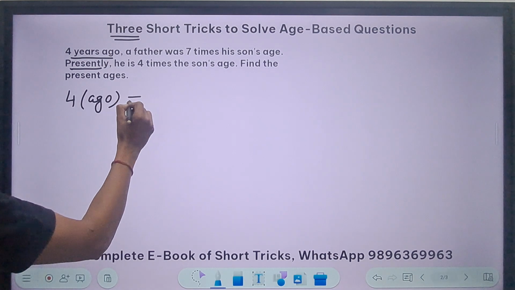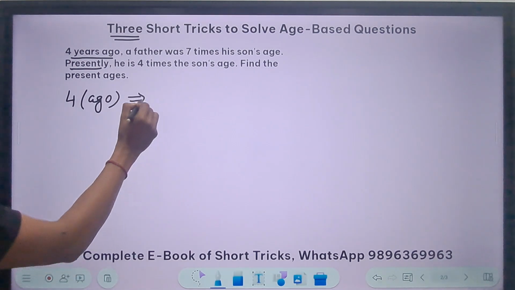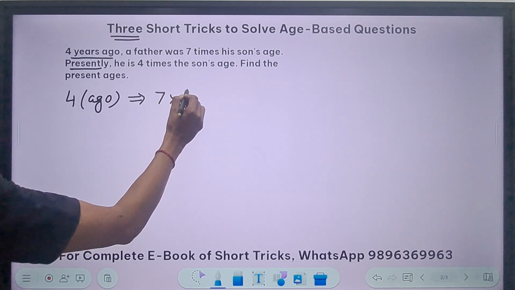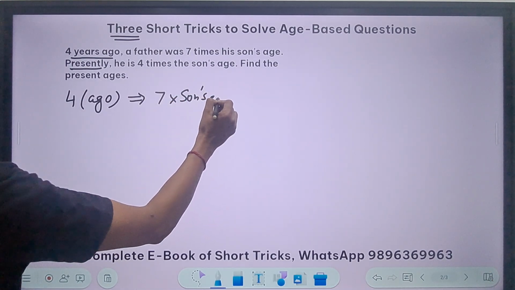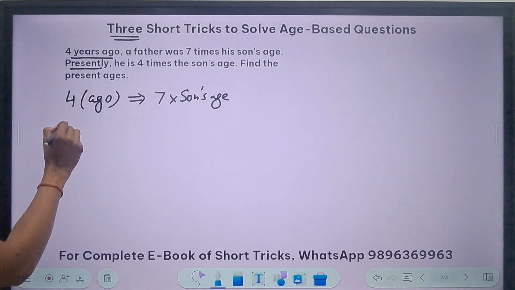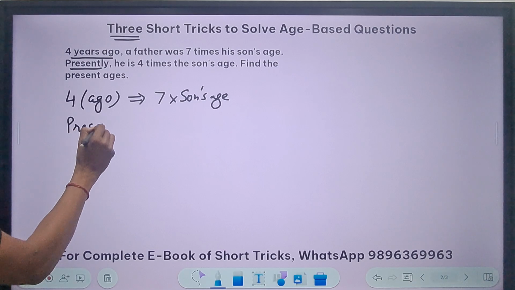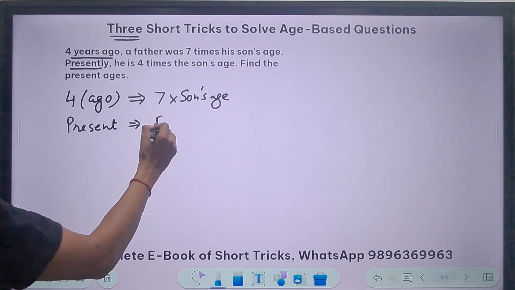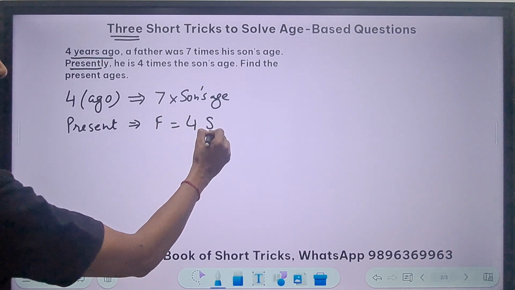So what happens 4 years ago? Father was 7 times the son's age. 7 times son's age. Right? So this is the first condition which is given. And the second condition is on present. That means at present, what is given is the father is 4 times the son's age.